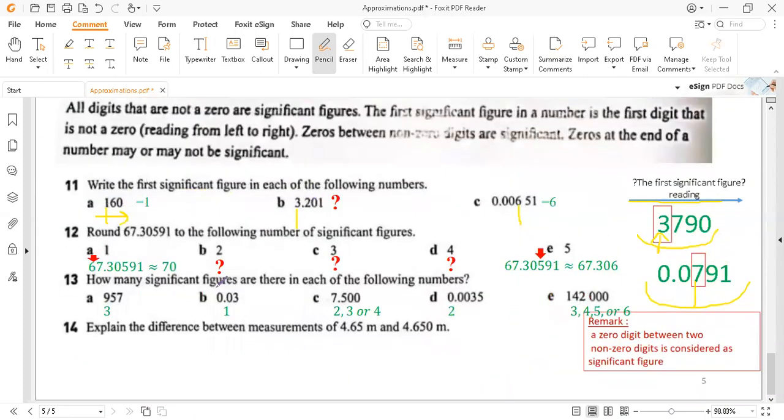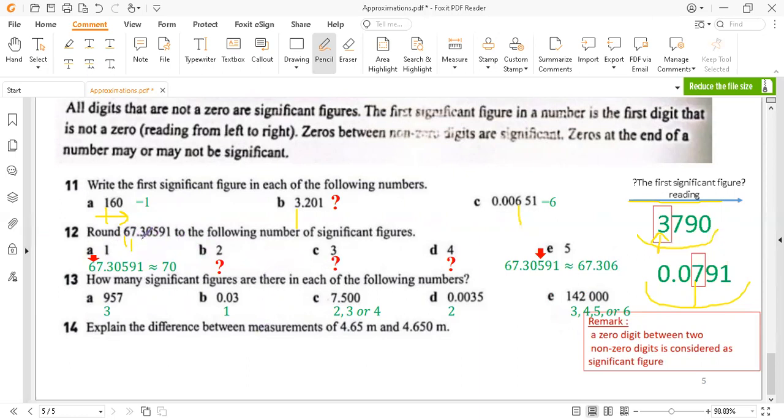First of all, we should locate the rank of the significant figure. The first significant figure was 6, so we want to round it to the nearest ten. Second, to the nearest unit or whole number.